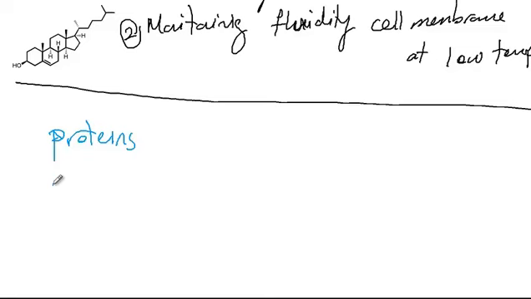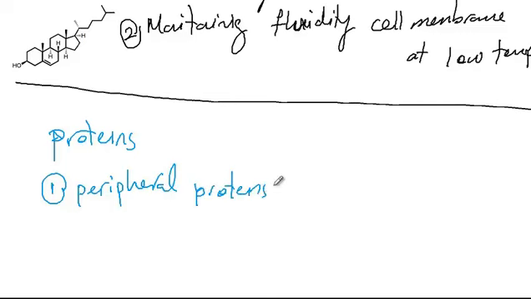And there are 2 types of proteins that you find inside the plasma membrane. One is peripheral proteins, which can occur on either side of the cell membrane, and they usually act as either enzymes, cell receptors, or cell markers.